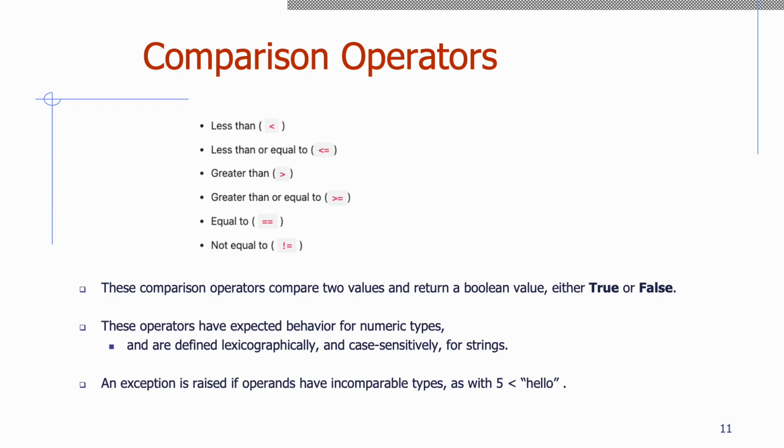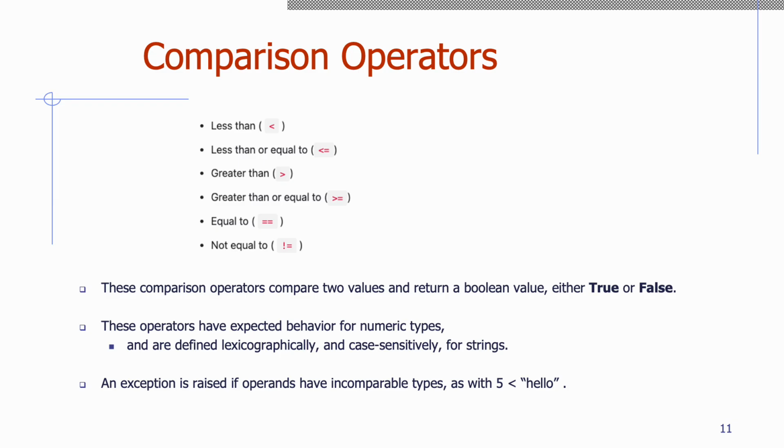Here are the comparison operators: less than, less than or equal to, greater than, greater than or equal to, equal to, not equal to. These comparison operators compare two values and return a Boolean value, either true or false. These operators have expected behavior for numeric types, and they are defined lexicographically and case-sensitively for strings.